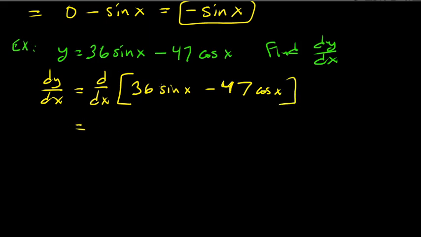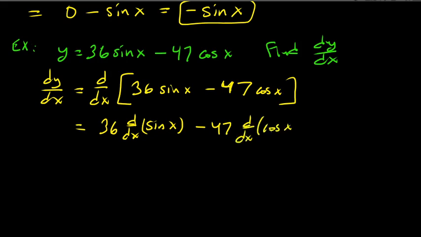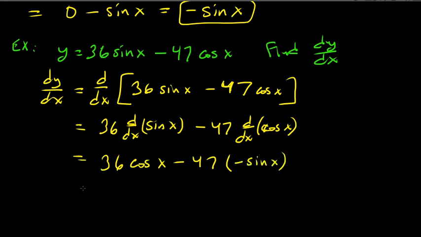Well, I'm going to do two rules at once here. This is the difference rule and the constant times function rule. So pull out the 36, then take the derivative of sine, minus 47 times the derivative of cosine. 36 times the derivative of sine is cosine, minus 47 times the derivative of cosine, don't forget the negative sine of x.